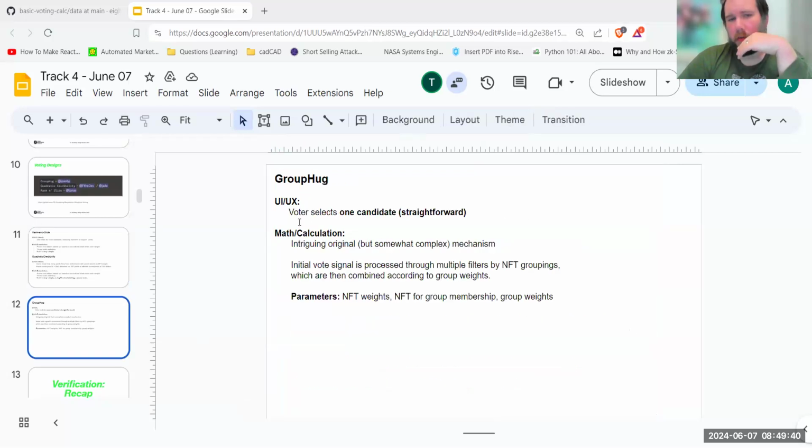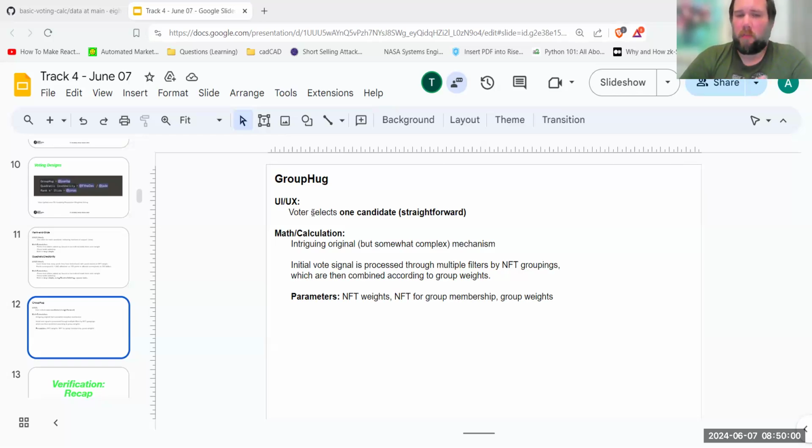And finally, group hug, which we're no longer considering. I think it's important to point out that Joan withdrew based on her own simulations and her own explorations, and discovered the challenges herself because it was amazing work. But the UI UX is very straightforward. The voter just selects their single preferred candidate.